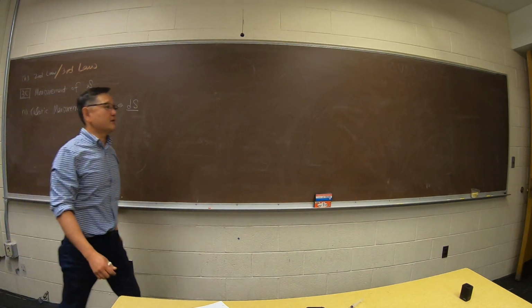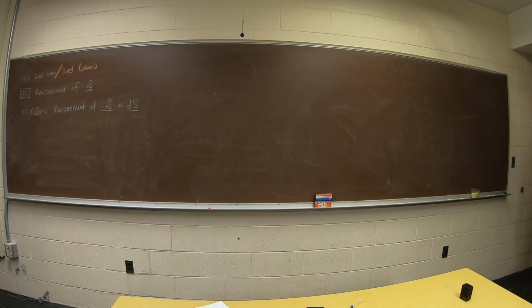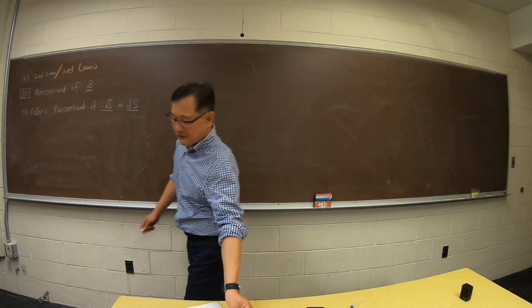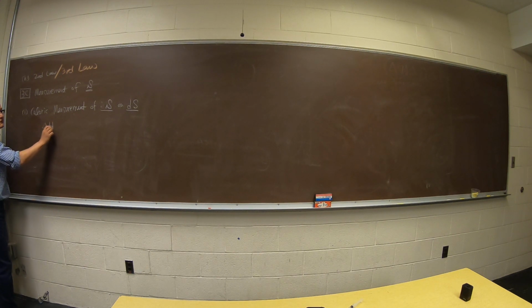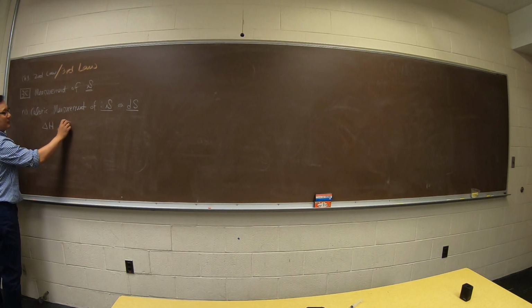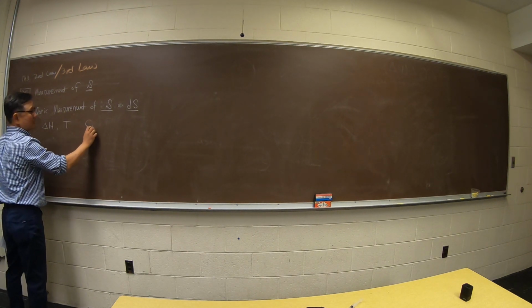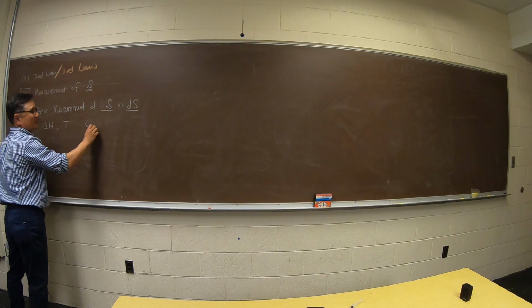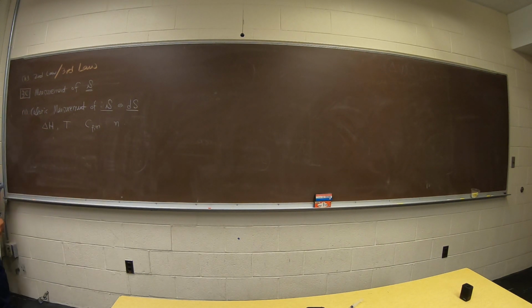So certainly delta H can be measured in a constant pressure situation. Temperature can be measured, and you can also measure the heat capacity and number of moles. So these are all related, and we can measure them.